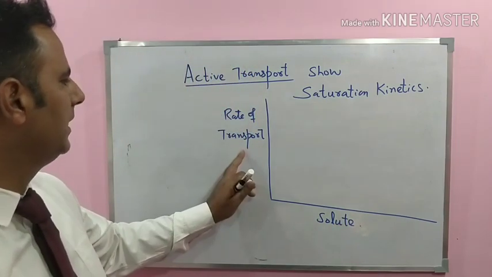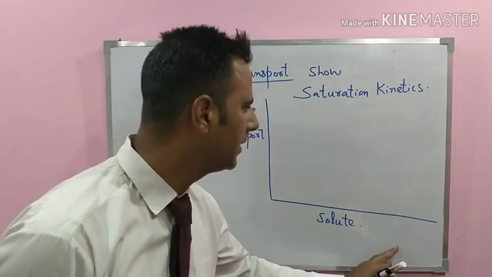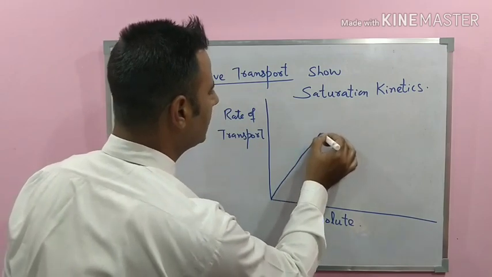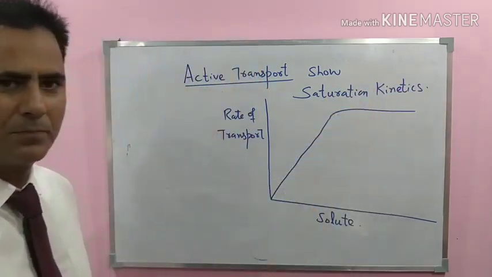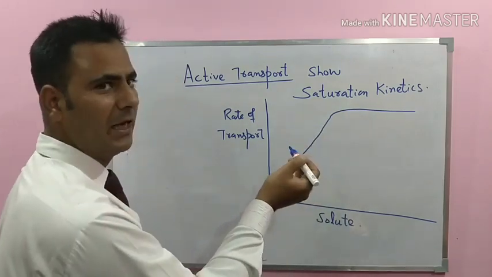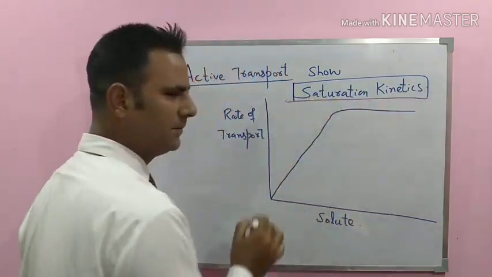What we are going to see, rate of transport versus solute concentration, is not a straight line. We get an S-shaped curve, and we call this saturation kinetics.